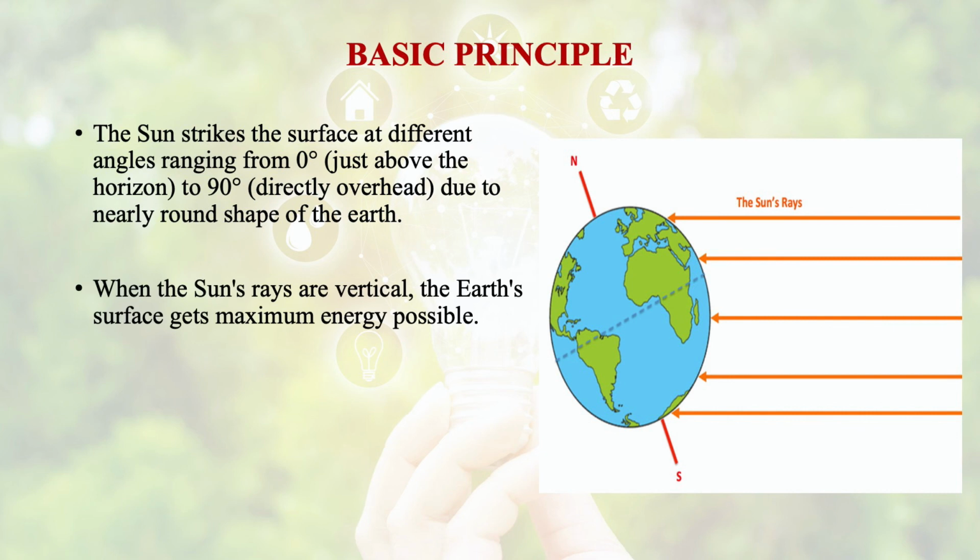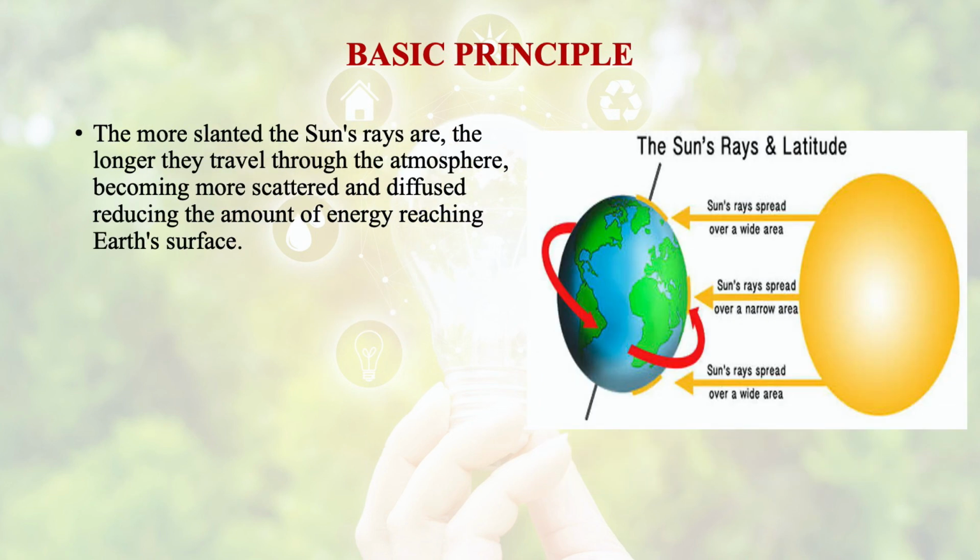When the sun's rays are vertical, the Earth's surface gets the maximum energy possible. The more slanted the sun's rays are, the longer they travel through the atmosphere, becoming more scattered and diffused, and this reduces the amount of energy reaching the Earth's surface.